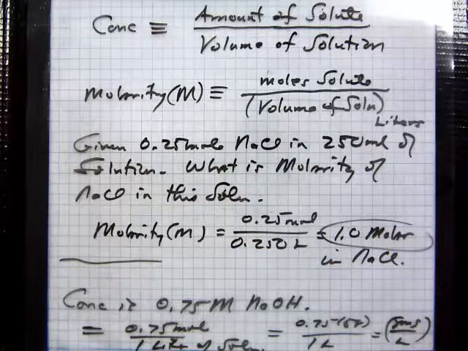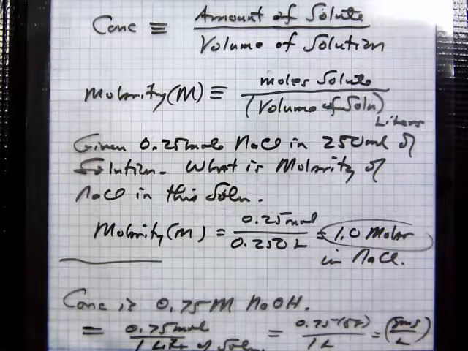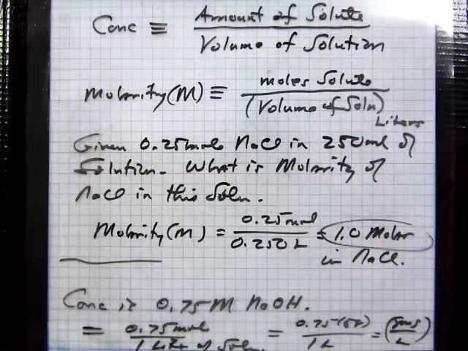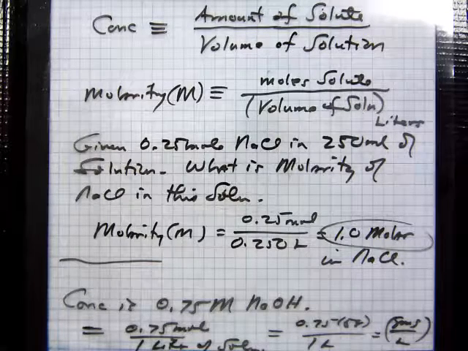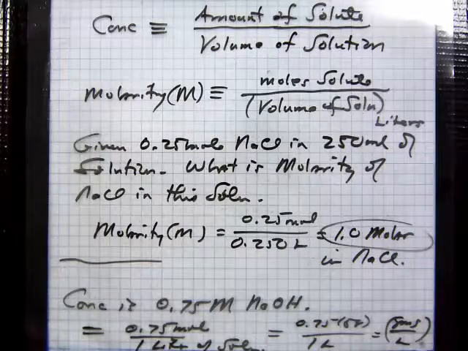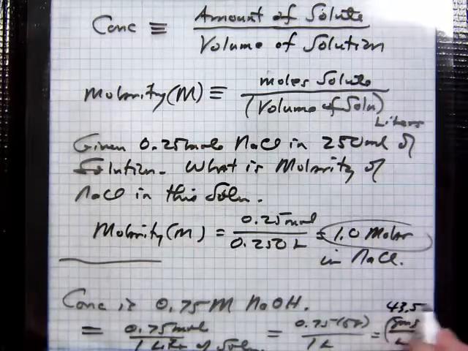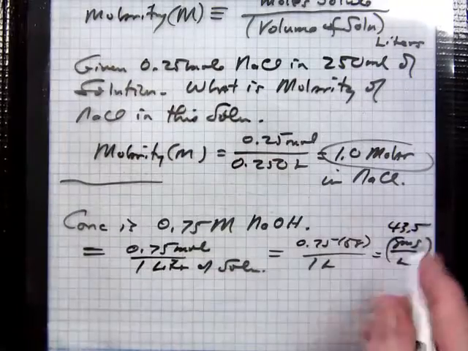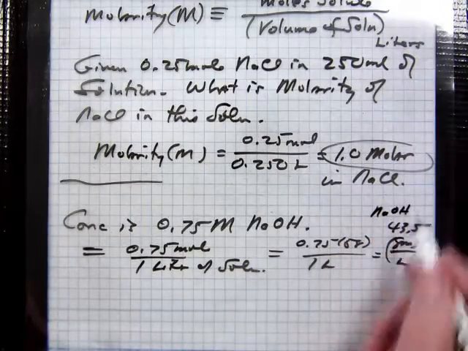All right, well, that's a good point to make here. Let me do that out. We got 0.75 times 58, so we got 43.5 grams of sodium hydroxide in solution.